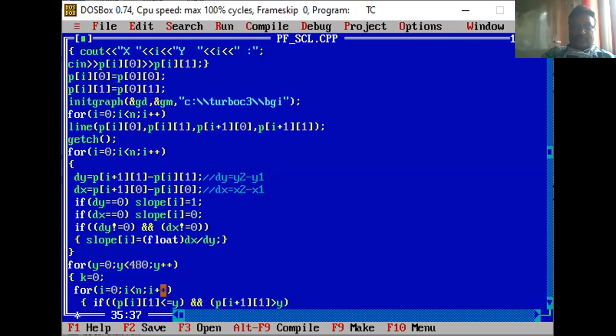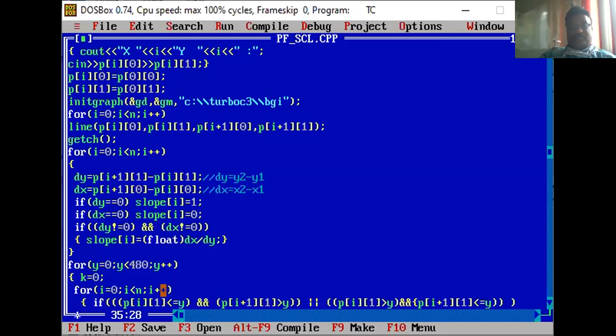Or, I consider the other bracket of the pipeline intersection: p of i 1 is greater than y, and again p of i plus 1 is less than or equal to y. So this is the entire or condition you have to put.